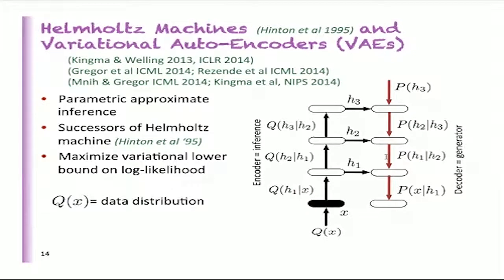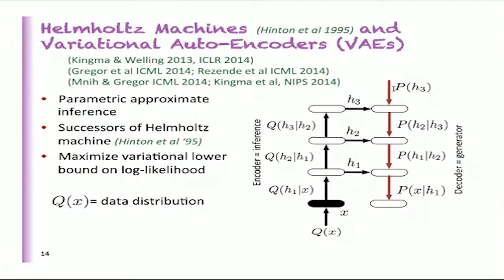The idea of these Helmholtz machines and variational autoencoders is that we're going to have, again, an encoder and a decoder, but they're going to be of the probabilistic type that I mentioned earlier, so that there's going to be a probabilistic transformation from inputs to representations, and from representations back to inputs. And there's also going to be, if you see my cursor, on top here, the prior P of h3. So that's a sort of prior probability of generating things in the high-level representation.